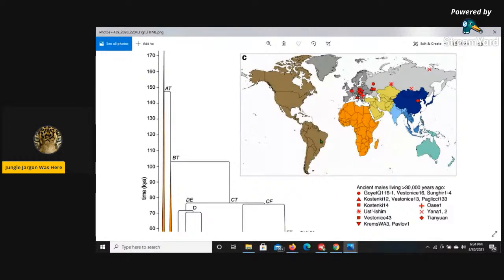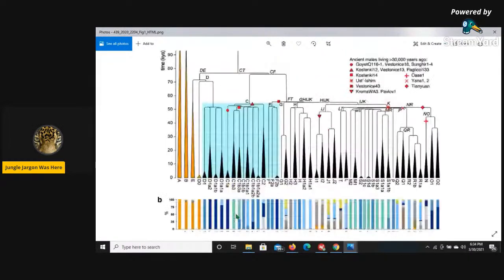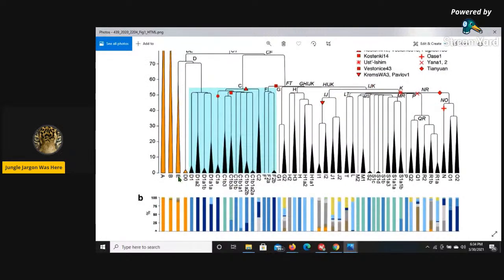It's where the N's go. But America is interesting because we can see the E in America. We can see the B in America. Very small percentage, but it's there.